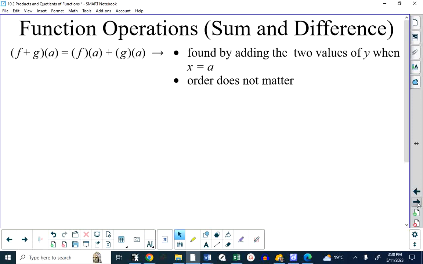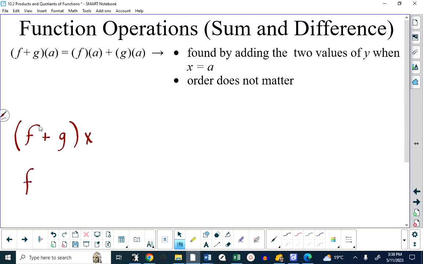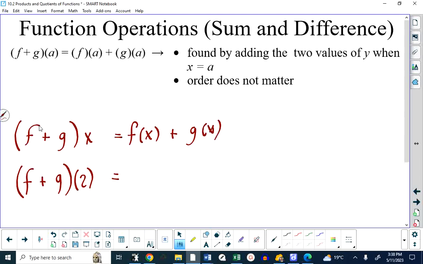I'm just saying that if I told you that a new function was f plus g quantity of x, and I said, what is f plus g quantity of 2? That would simply mean, since f plus g quantity of x is f of x plus g of x, f plus g quantity of 2 would be f of 2 plus g of 2.